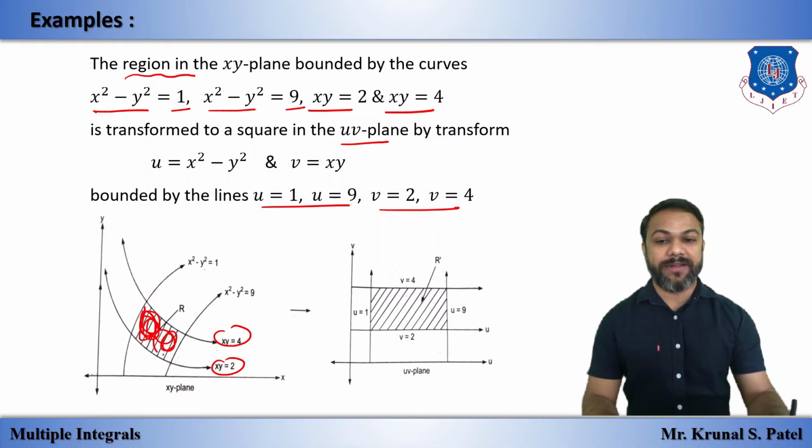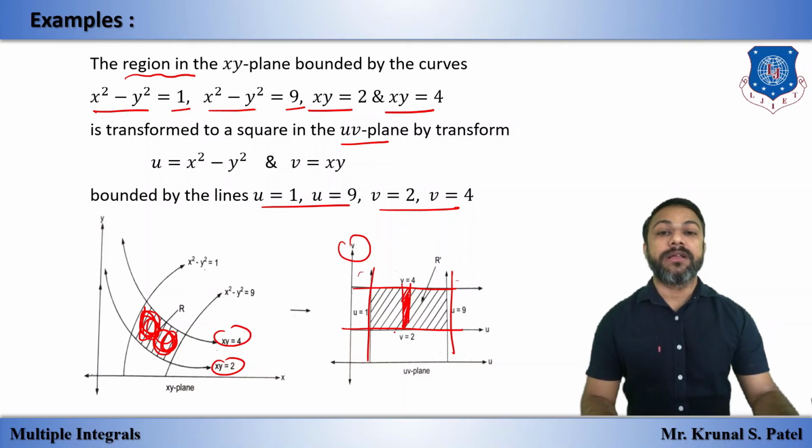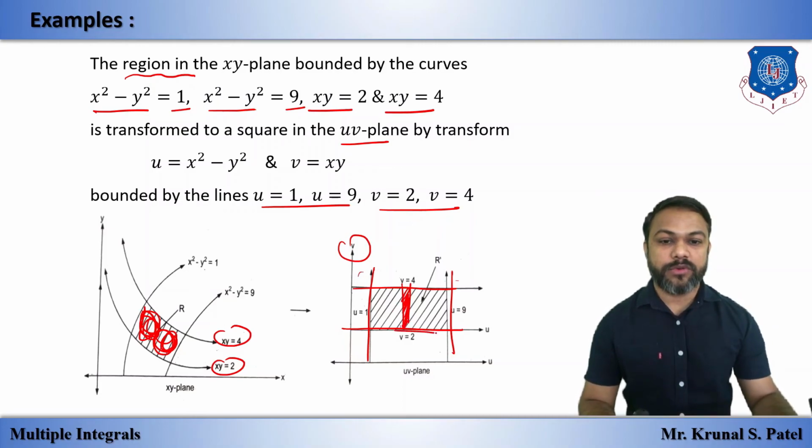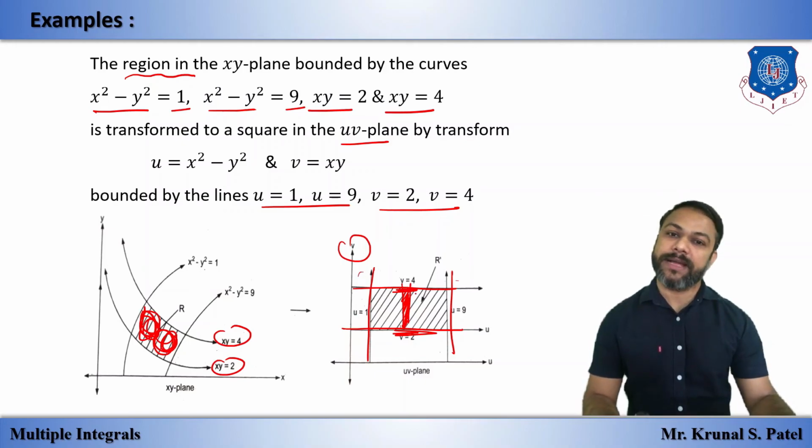This is the given region, and by using u is equal to 1 and 9, v is equal to 2 and 4, we can draw everything. This is v, so v is equal to 2, v is equal to 4, u is equal to 1, u is equal to 9. If we make a vertical strip, we will take v from 2 to 4 and moving in this region, u is equal to 1 to 9.